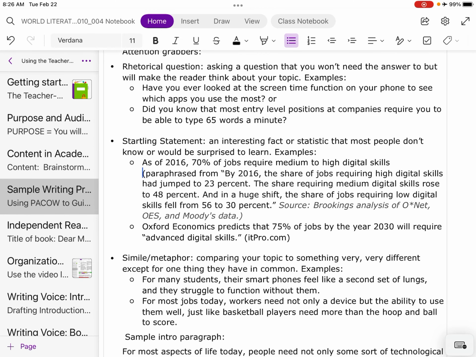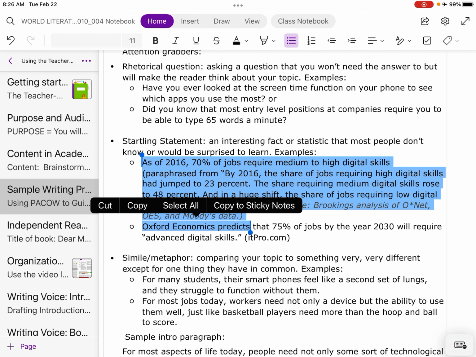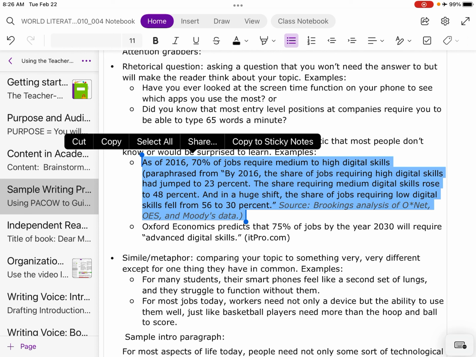I gave you the example about the Holocaust, but let's look at the examples I pulled or created for the technology. As of 2016, 70% of jobs require medium to high digital skills. And I paraphrased that from a source. So that's why I wanted to put that in parentheses, so you knew that I didn't just come up with that on my own.